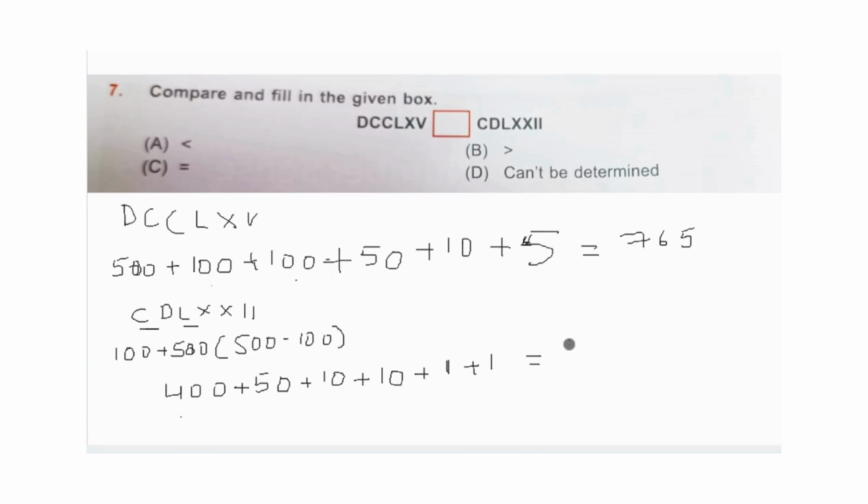So it's 472. Now if you look at these two numbers, it's 765, which is greater than 472. Our answer is option B. Make sure you remember all the Roman numbers to be able to solve these questions correctly.